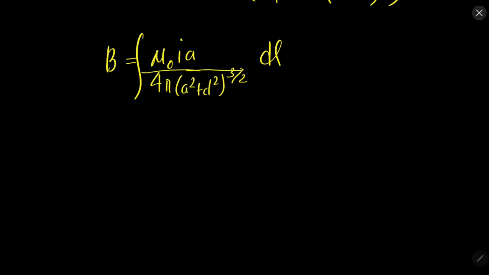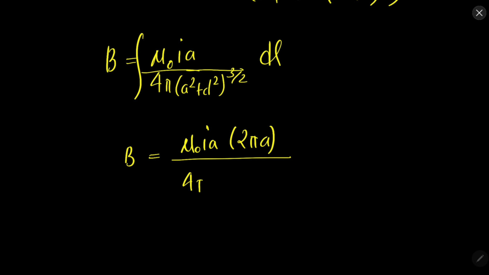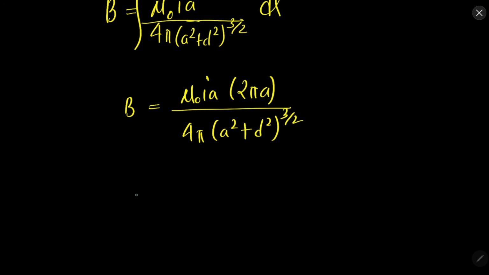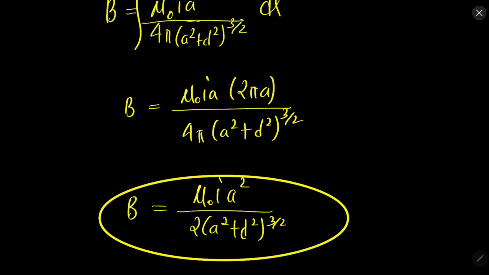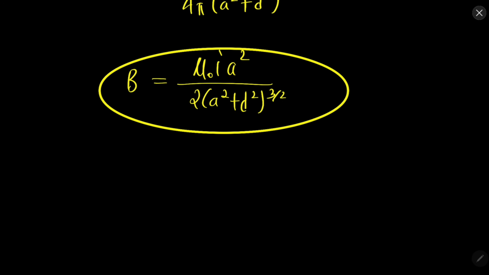Once we integrate this, you will get 2 pi a over 4 pi (a square plus d square) to the power 3 by 2. So after simplification, the magnetic field will come out to be mu naught I a square over 2 (a square plus d square) to the power 3 by 2. So this will be the magnetic field at the axis.